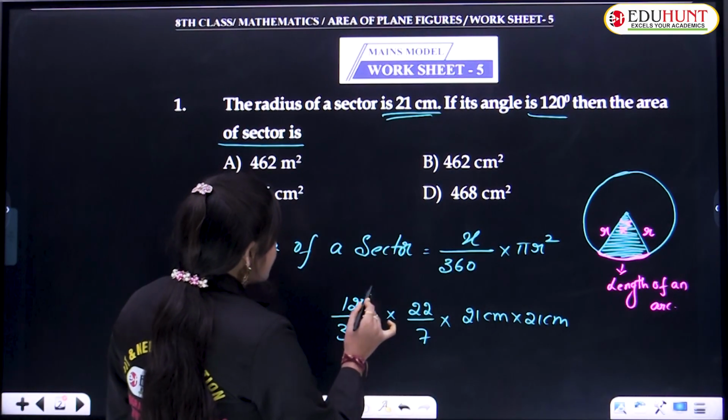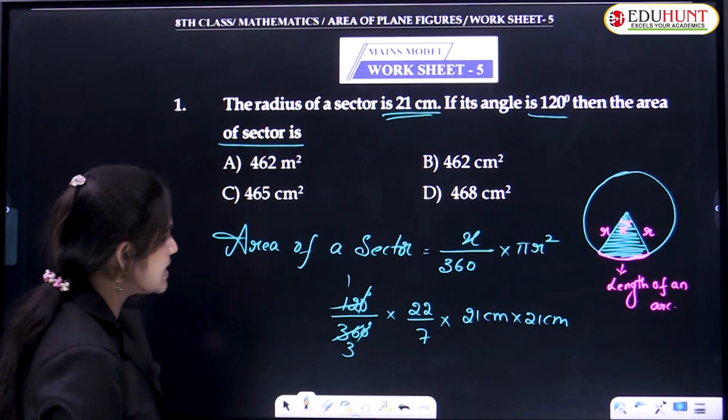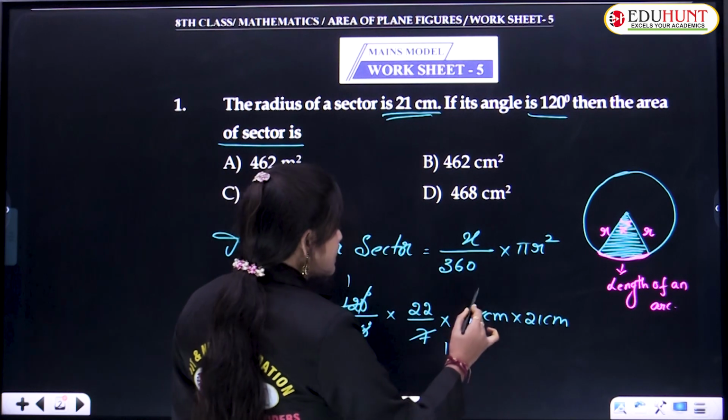Now cancellation: 0 and 0 cancel, 12 ones are 12, 12 threes are 36. Any other cancellation? Yes, 7 ones are 7, 7 threes are 21.